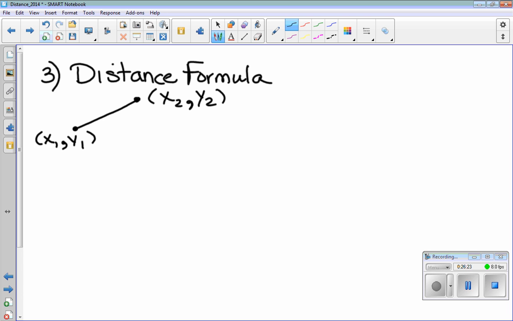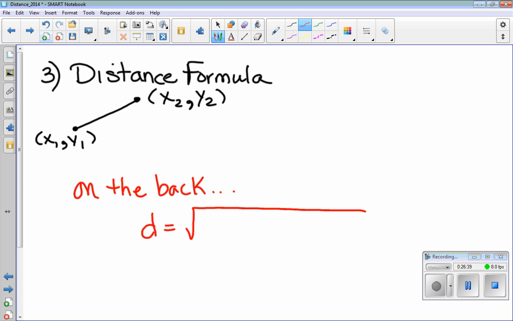I want to find the length of that segment. So see if this looks familiar to you. The distance is equal to the square root of x2 minus x1 squared plus y2 minus y1 squared.